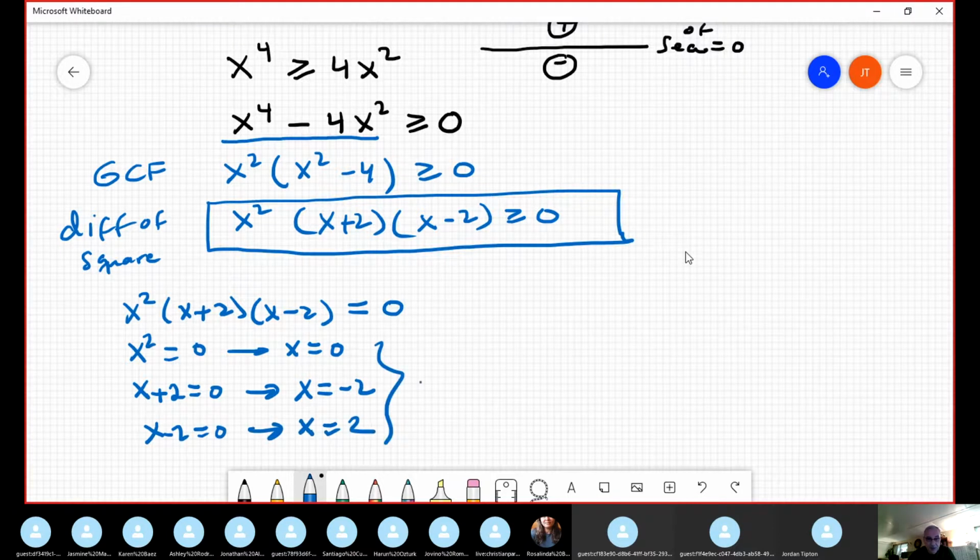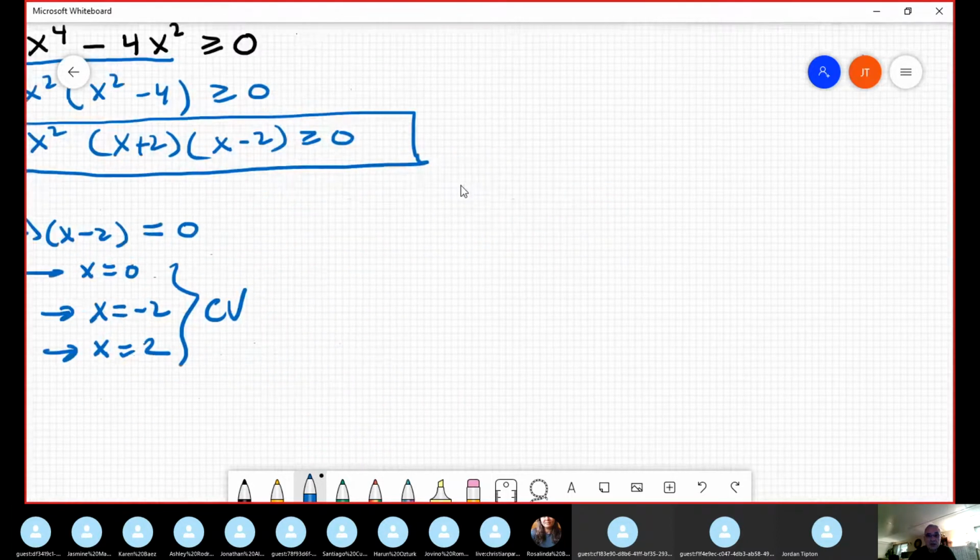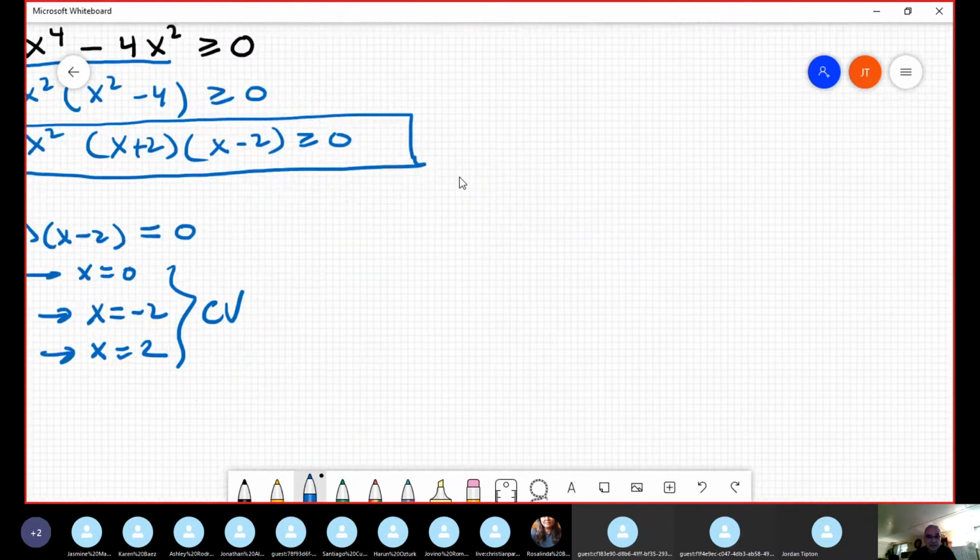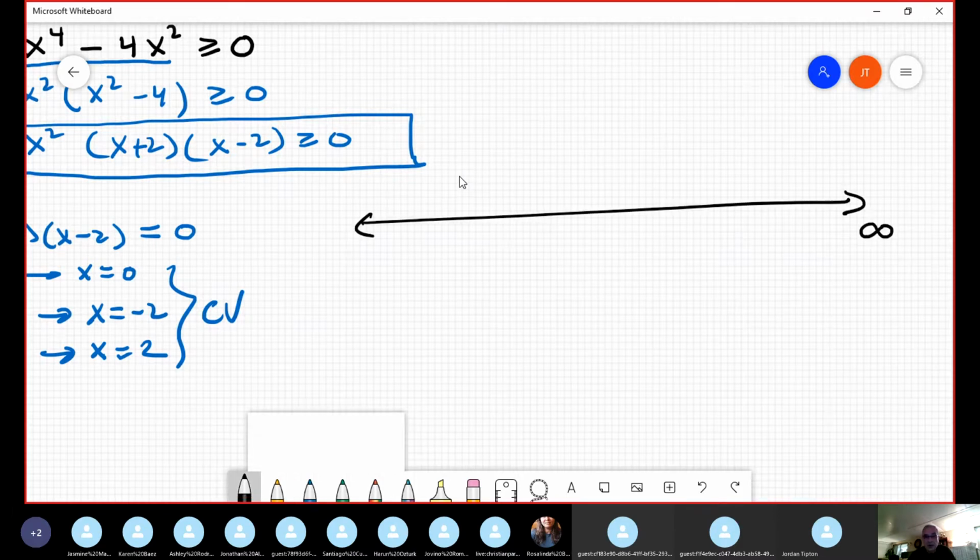And with this information, these are the critical values, and go immediately to the whole real number line and create the partition. This is my famous real number line. Okay, and the critical values are 0, 2 and negative 2.